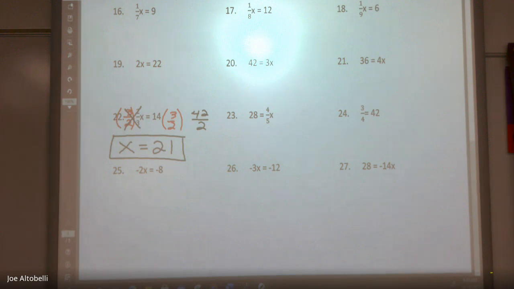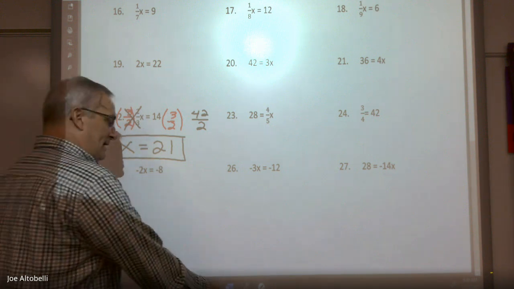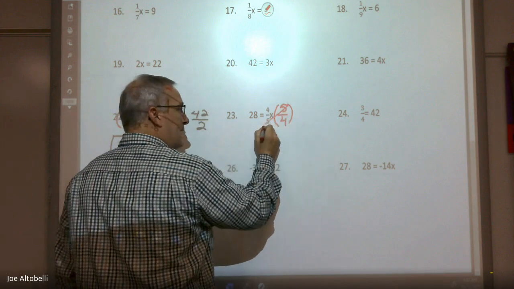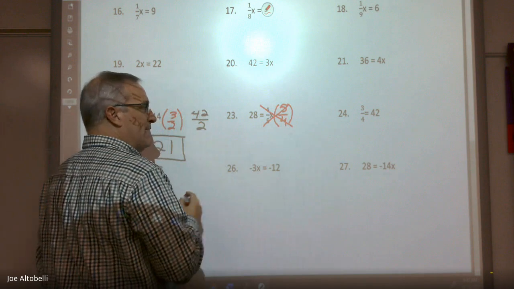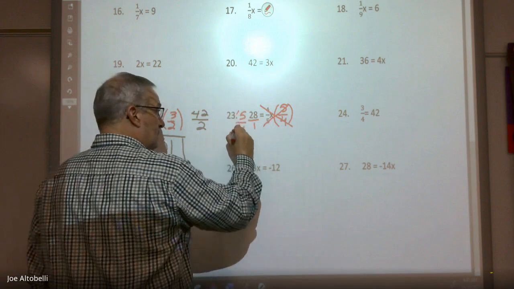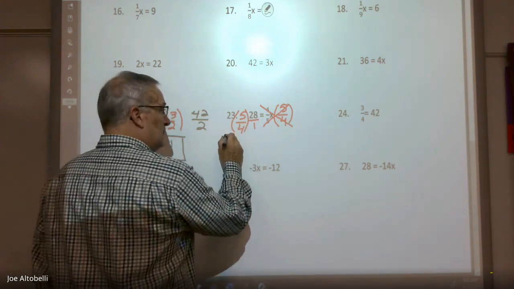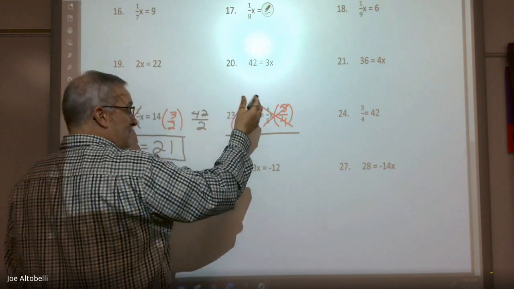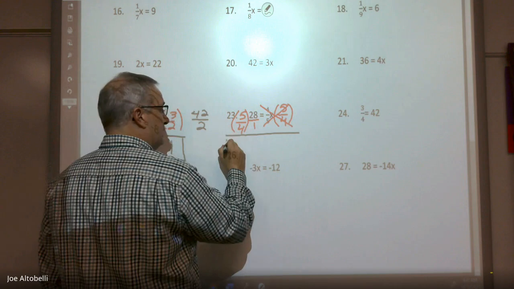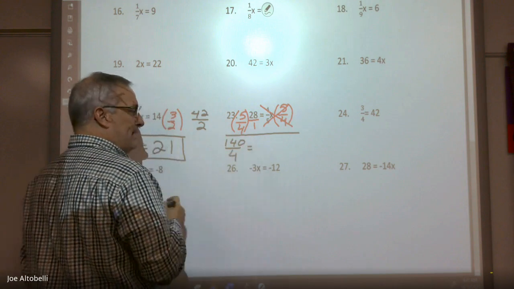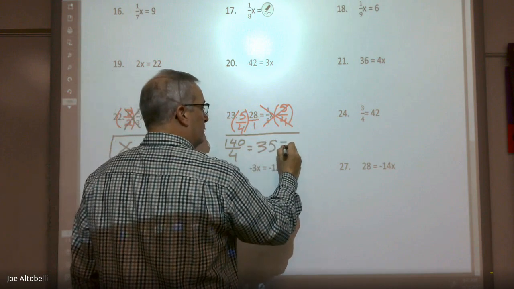Number 23. What are we going to multiply both sides by? 5/4. On this side, when I multiply by 5/4, they cancel, and it just leaves me with the x. Over here, 5/4, and when I do that, 5 times 28 is 140, divided by 4, and that is 35, which is equal to x.